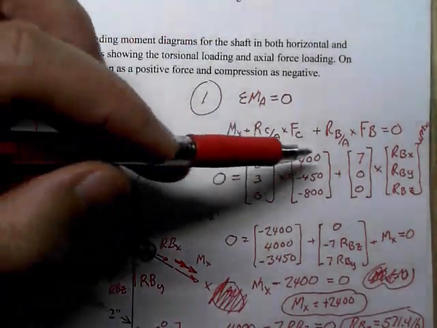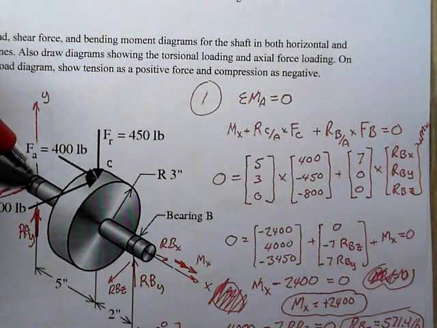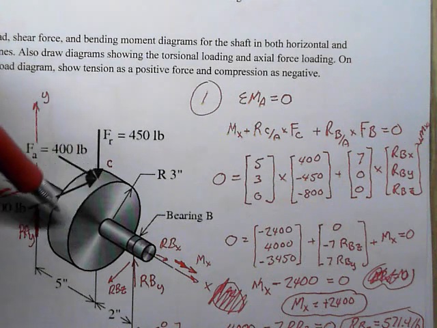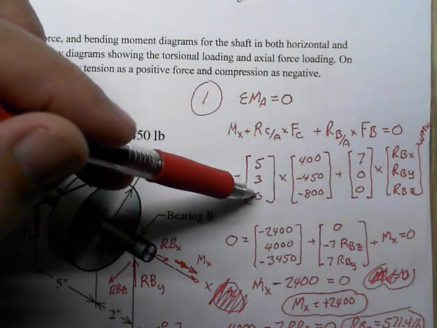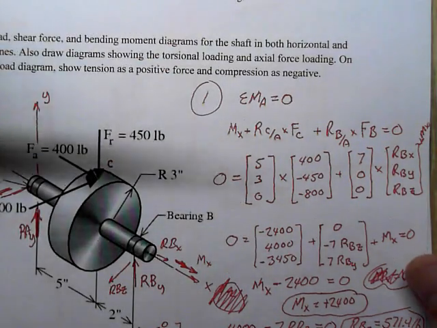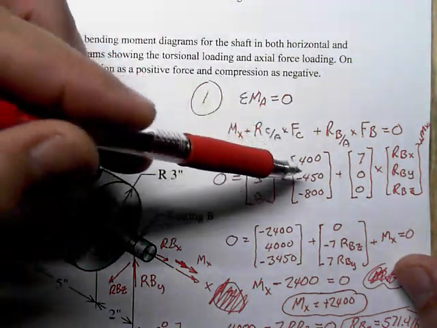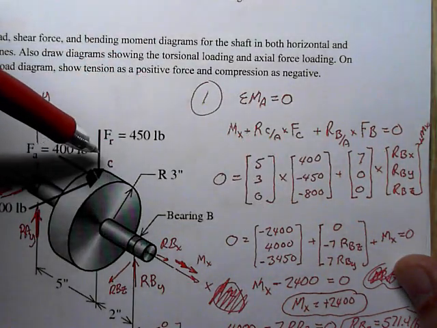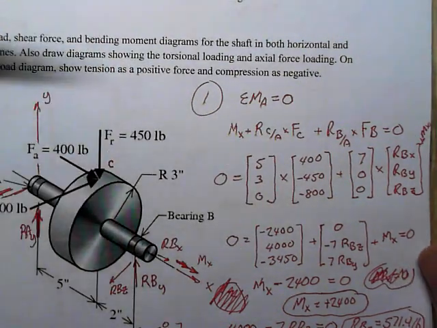My R cross F at C is an R that goes, since I'm at A, from A to C, and it goes 5 in the X direction, 3 in the Y direction, and 0 in the Z direction: 5, 3, 0. The load applied there is a positive 400 in X, negative 450 in Y, and negative 800 in Z for the coordinate system I've chosen.